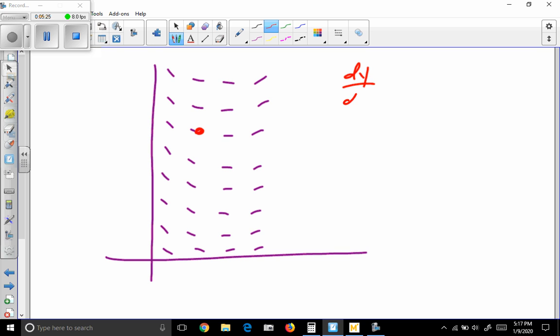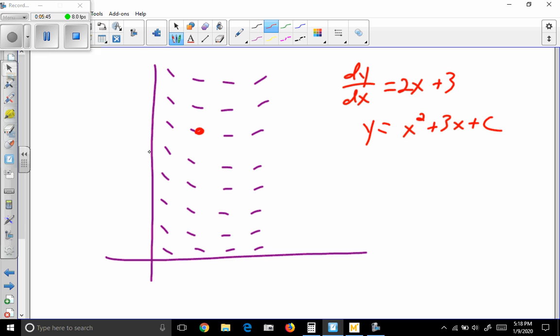Remember, for a differential equation, if we integrate that, we're going to get that arbitrary constant on the end, which produces a family of solutions.